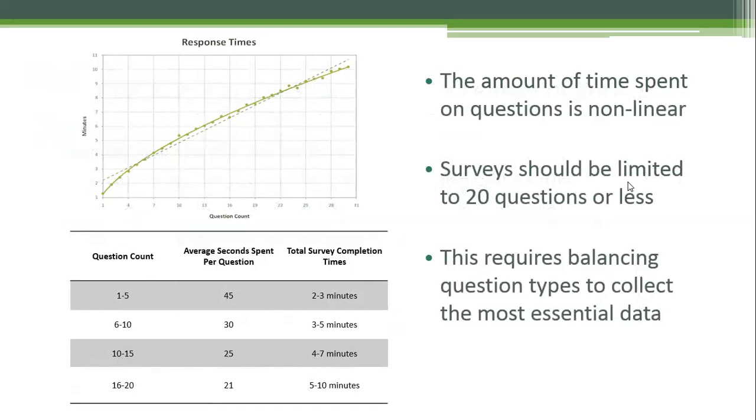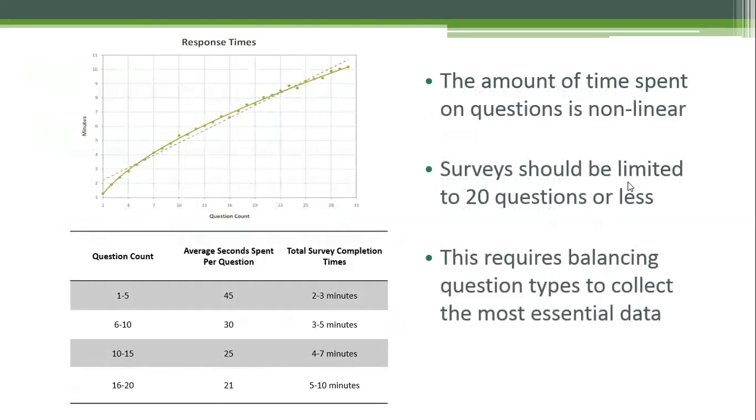But when you have a question count up to 20, it reduces by over half. So people spend a lot less time answering those questions. In addition to limiting surveys to around 10 minutes, you would also want to limit them to around 20 questions or less.